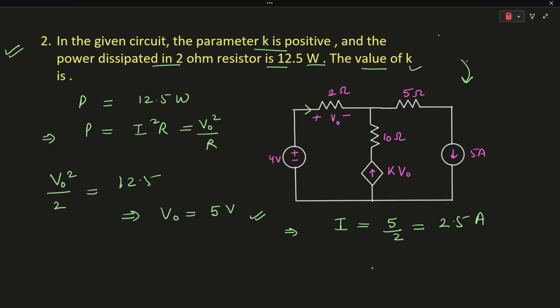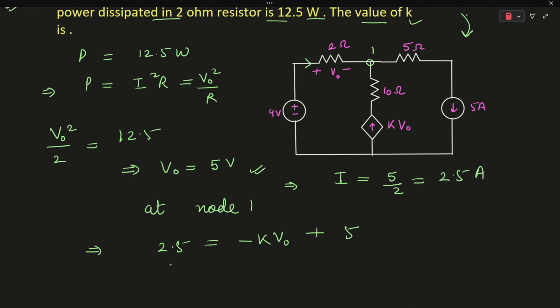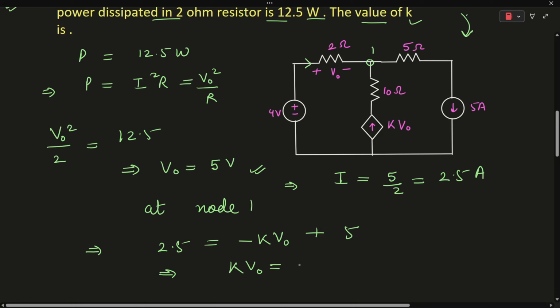On applying KCL at this node, let's say this is your node 1, we can say that 2.5 is equal to minus K times V0, because the current flowing in this 10 ohm branch is KV0, plus 5. So from this equation, KV0 is equal to 2.5.